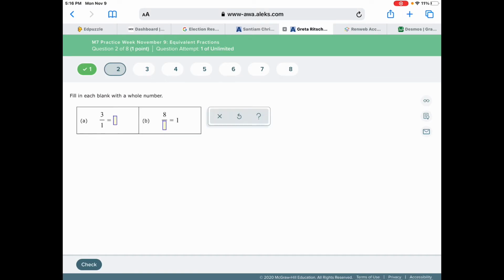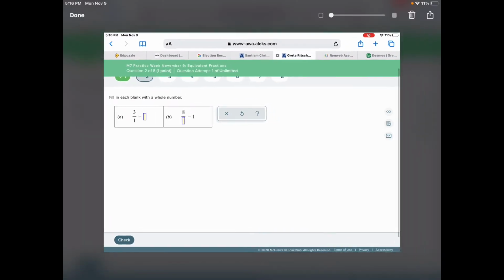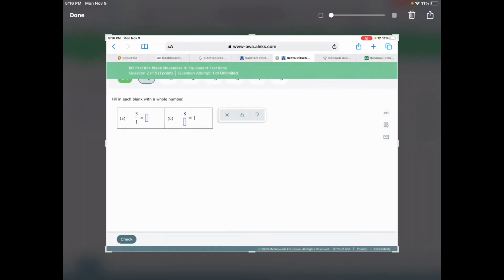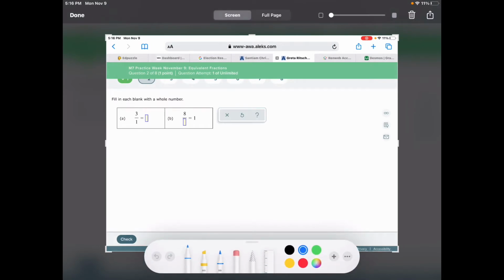Number 2 says fill in each blank with a whole number. The number on the bottom tells me how many pieces my thing is cut into, and the number on the top tells me how many I have.